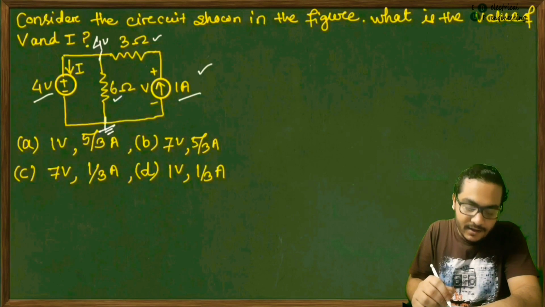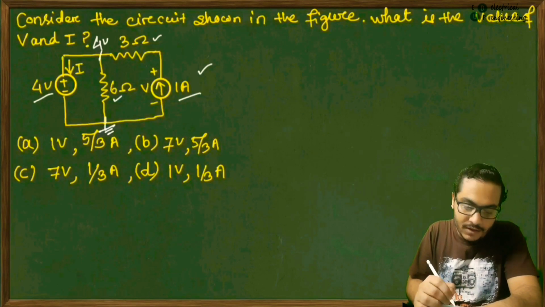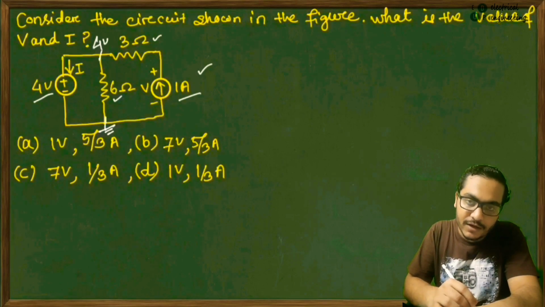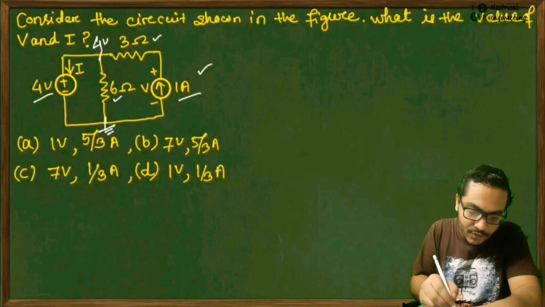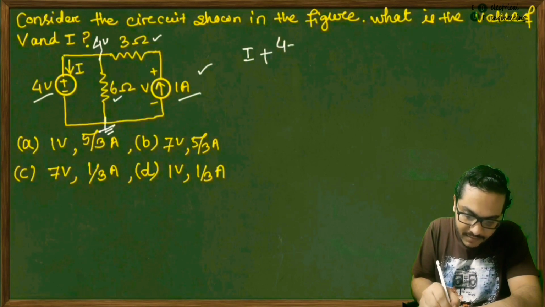So now apply the KCL to this node, the 4 volt node. According to Kirchhoff's current law, the total current leaving from this node is equal to the total current entering this node. So the net current leaving is I plus (4 minus 0) divided by 6.